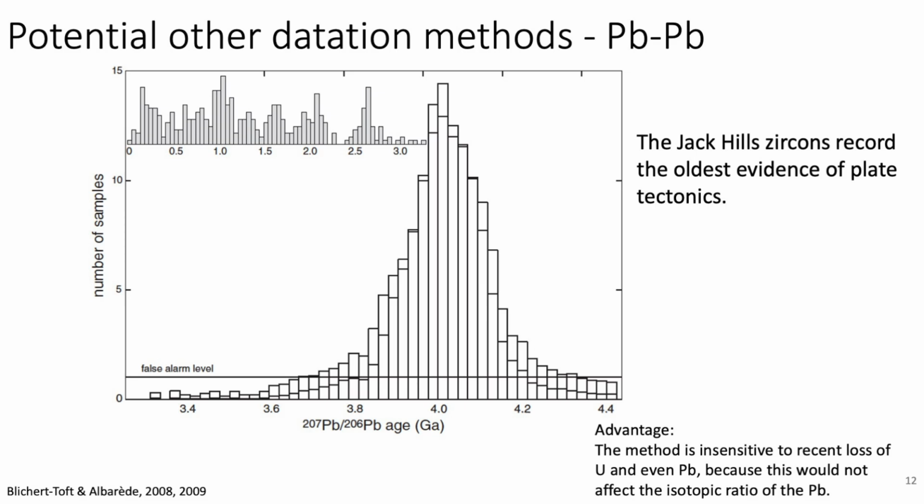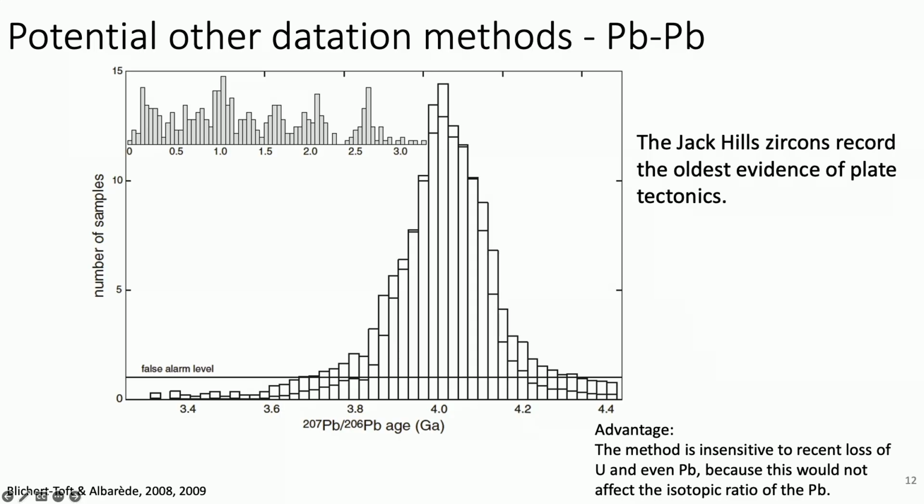This method is insensitive to the recent loss of uranium and even lead, because it will never change the isotopic ratio of lead. If there's an event or a process on Earth that does change element concentrations or element ratios, it's due to their electronic properties, their redox state, their affinity toward other ions or minerals or magmas, whatever, but it does not work on the same element.